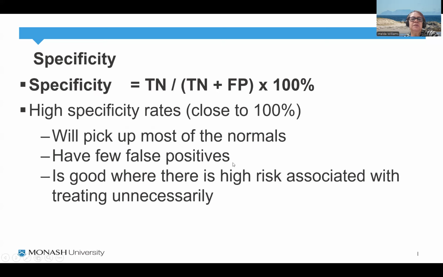And the reason why it's important to keep your normals as high as possible, to 100%, is that you might be working in an area where you are the sole radiographer and where your expertise is always called upon, and it could actually result in a higher risk of associated treatment for the patient or additional imaging that can result in additional radiation.